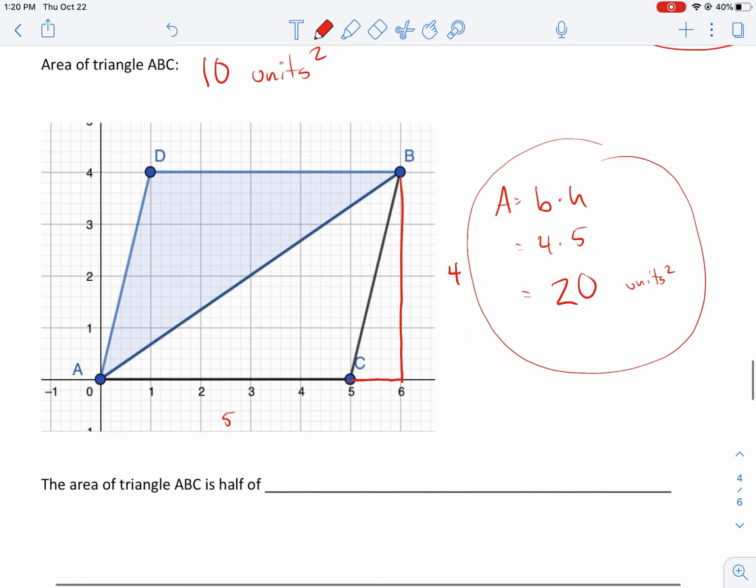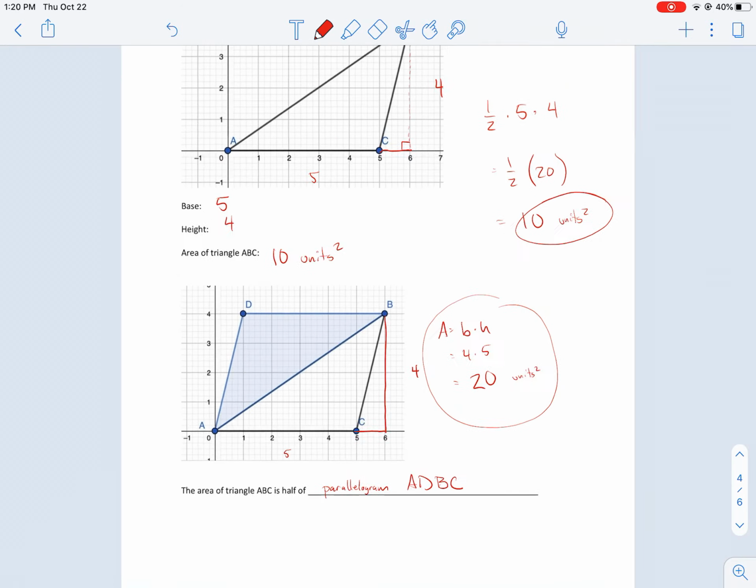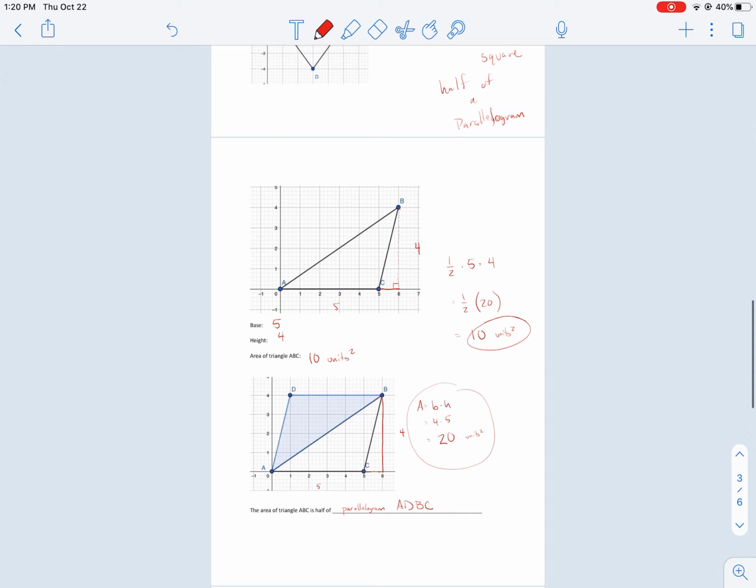So the area of triangle ABC is half of parallelogram ADBC. Okay? And so that is where they're kind of coming up with that formula to find the area of a triangle.